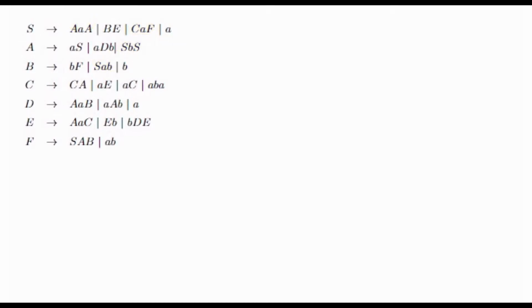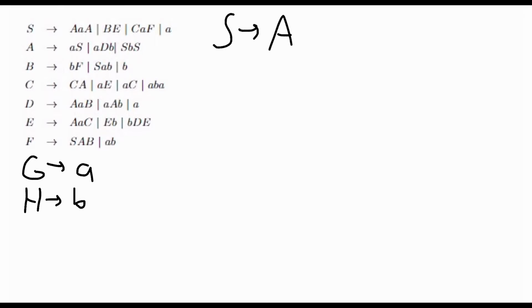So what we want to do is write down G points to a lowercase a. Let's rewrite that. G points to a lowercase a, and we'll just make up H points to a lowercase b. What that does, it will force us to rewrite our S lines such as A, G, A, B, and E stay the same.